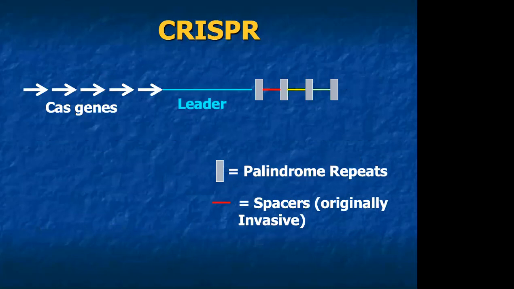This is a simplistic illustration. You have Cas9 genes that are independent of the CRISPR system. You have a leader sequence prior to the palindromic repeats. The palindromic repeats are all identical. The spacer DNAs, however, are unique, and they are each derived from different segments of the invading pathogen, be it a plasmid or a bacteriophage.